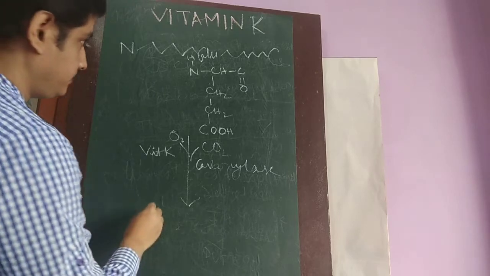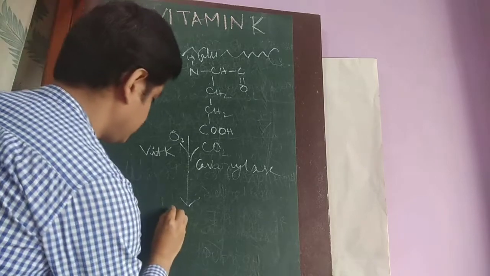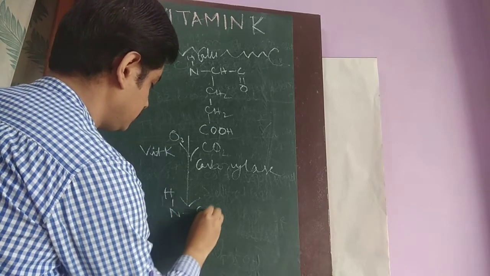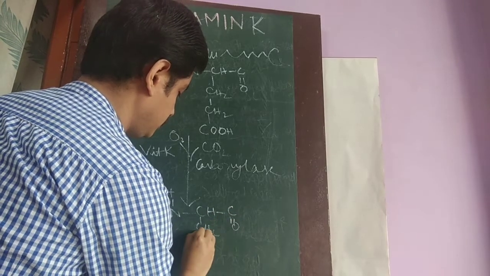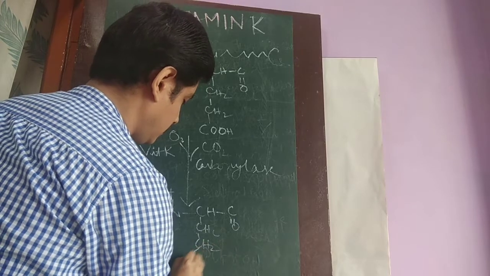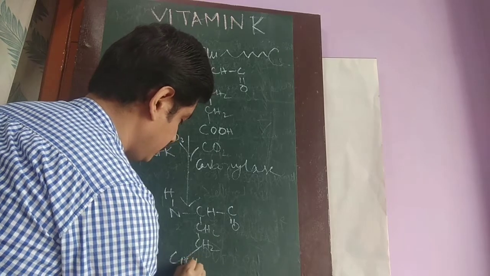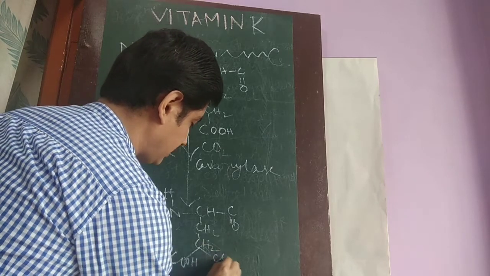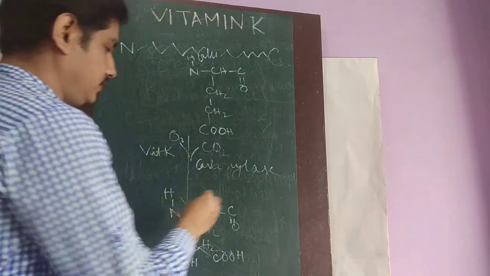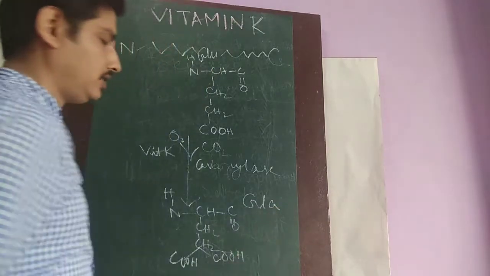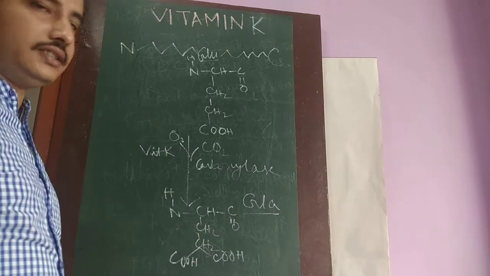Here I am only writing the glutamate residue, CH, CO, CH2, CH2, and the gamma carbon will have an additional carboxyl group. So this is gamma carboxyglutamate, and it is written as GLA. Normally glutamate is written as GLU, but gamma carboxyglutamate is written as GLA.